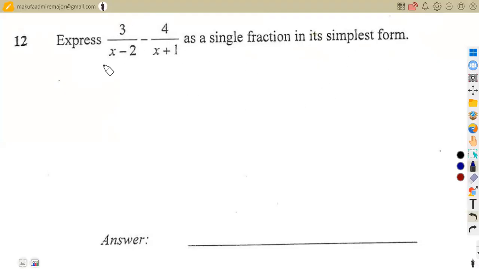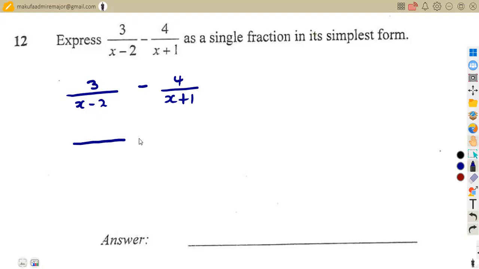So, all right, here I'm going to explain 2 ways. It's very important that we have this question. I was actually thinking of finding a class where we can express this other method, but let us just see. So in order for you to add, remember our basic method was to find the common denominator of the given denominators that we have, which are x minus 2 and x plus 1.